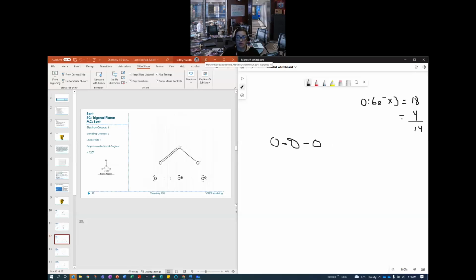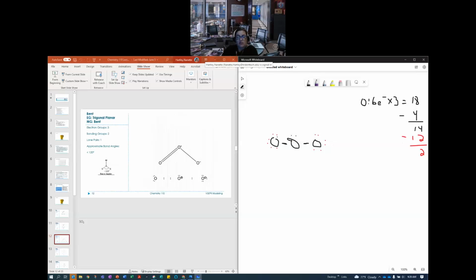Okay, so now we have 14 left to distribute. I'm going to take 2, 4, 6 there, 2, 4, 6 there to fulfill the octets on the outside oxygens. That takes up 12, which leaves me with 2 that I have to deal with. I'm going to take those 2 and put them on the center.